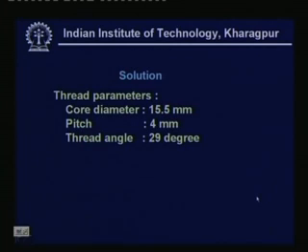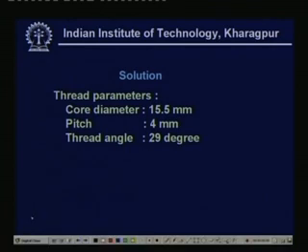Here comes the solution. When you look up the table that is given in any design handbook, you see that for 20 millimeter nominal diameter, the chord diameter is 15.5 millimeter and the pitch is 4 millimeter and the thread angle is 29 degree.